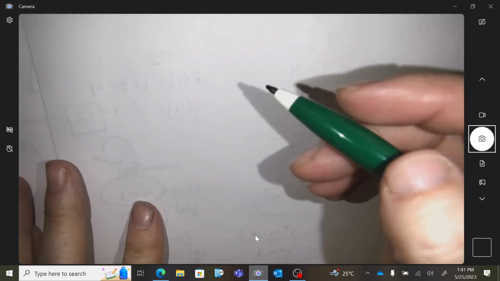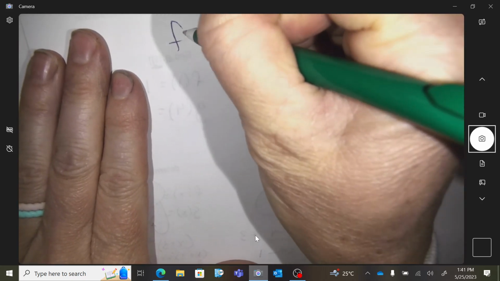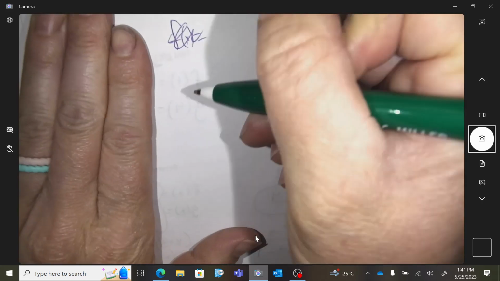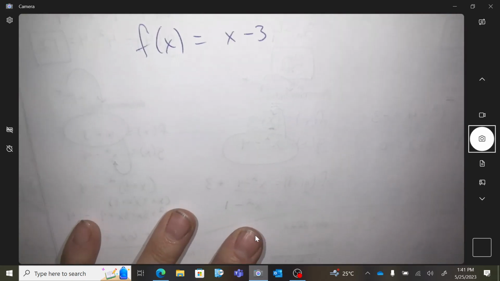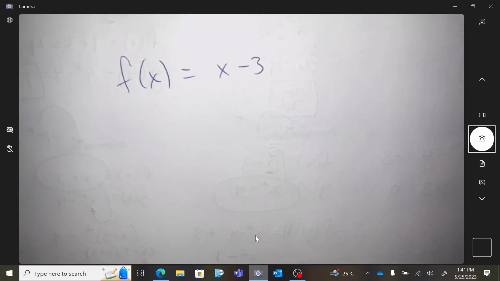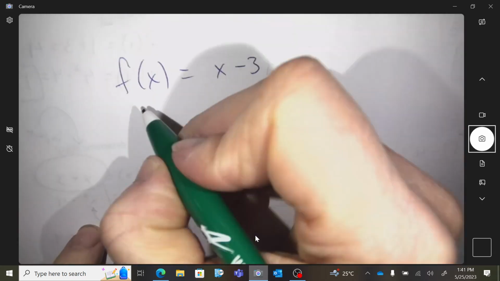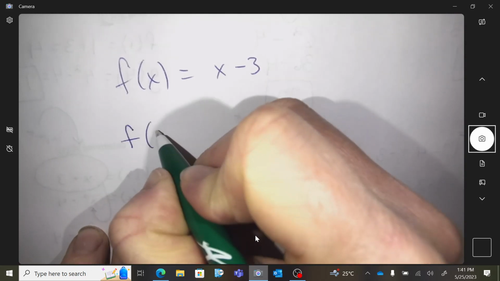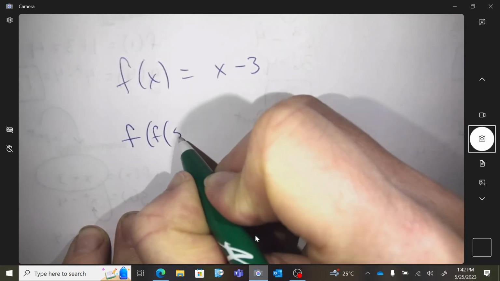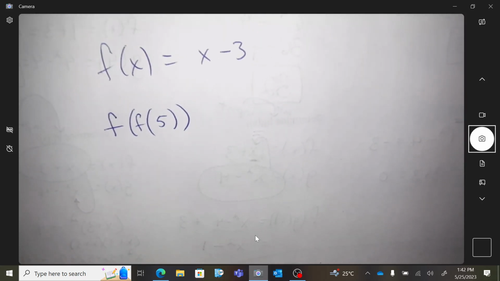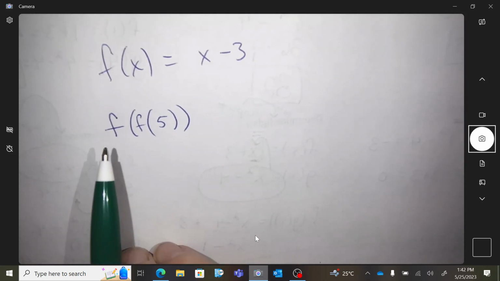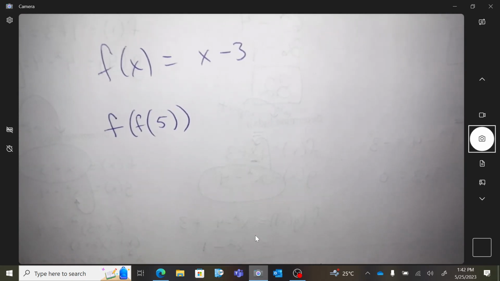I guess I didn't give any examples like this, but I could also do something like this. Okay. Do you know what to do if I did this? F of 5. Look at this. The f of 5. Would you know what to do?